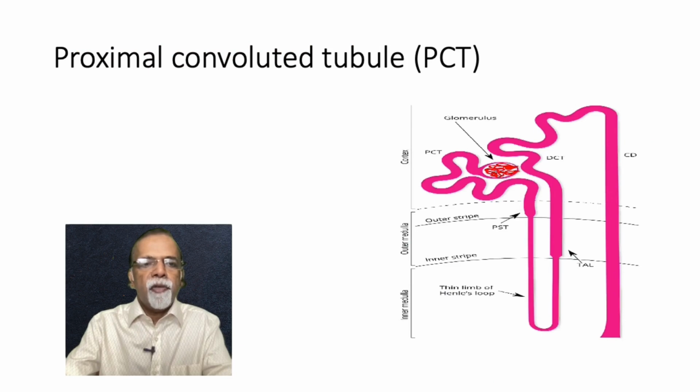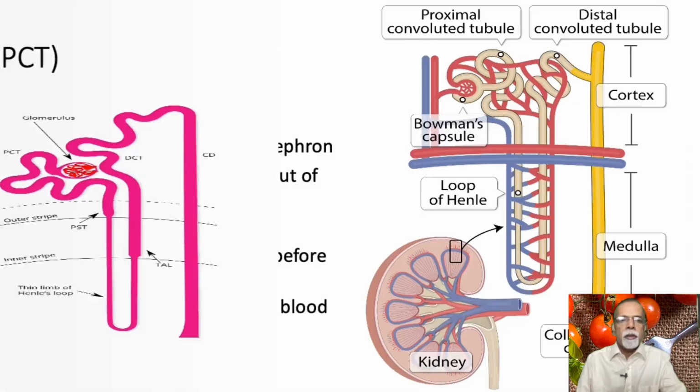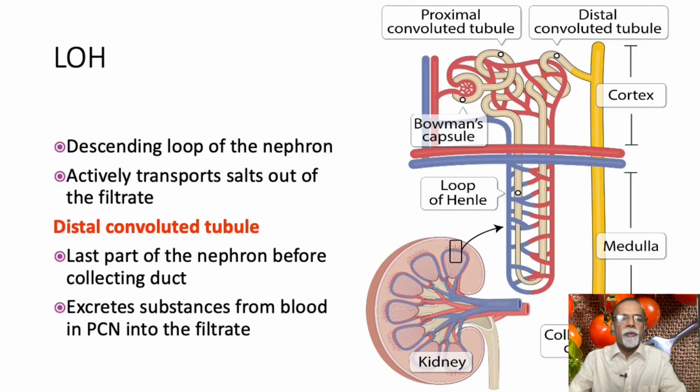The proximal convoluted tubule is approximately 15 millimeters in length. It is single layered. It has a convoluted part called the pars convoluta and a straight part called the pars recta. The proximal convoluted tubule is in the cortex.